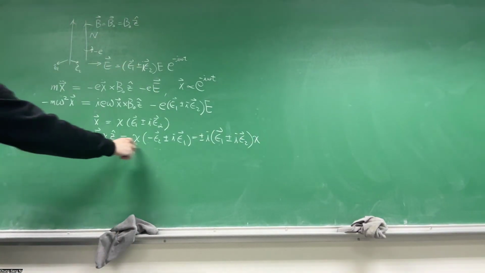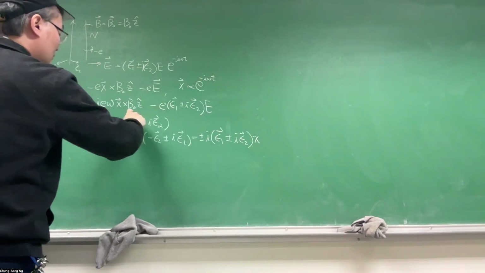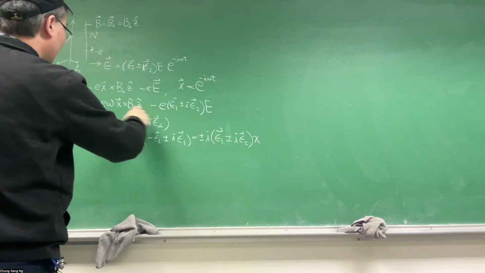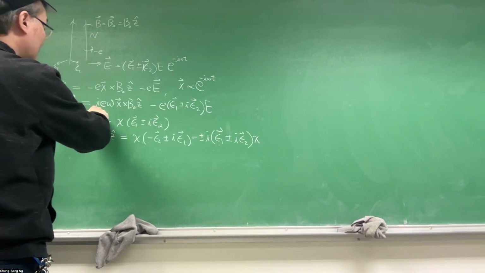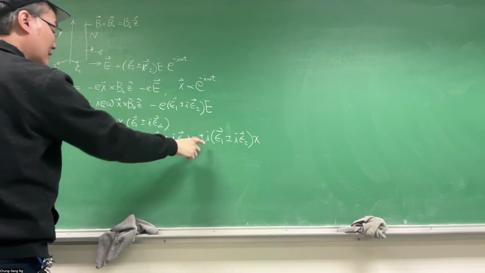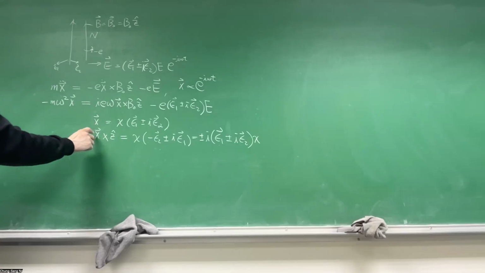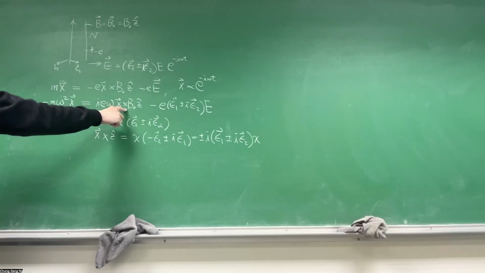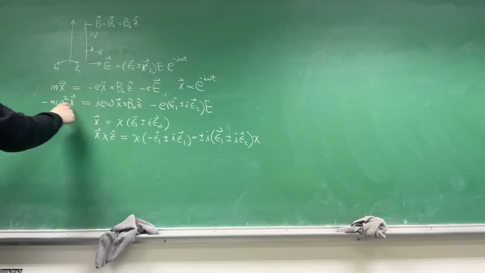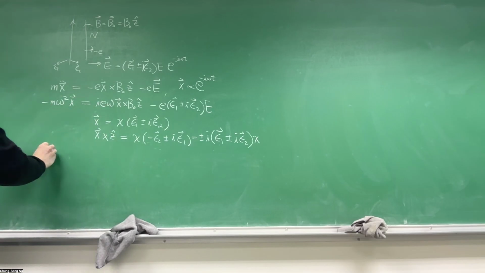Okay, so this term actually turns out to be also proportional to this one, except that you have plus or minus i. So let's substitute this one into here and group that together. Now we can group that together. So we have minus m omega square.